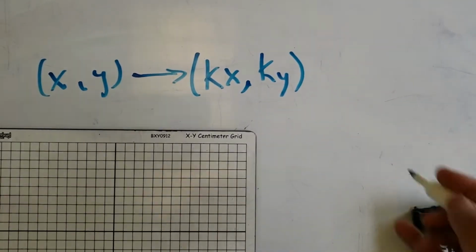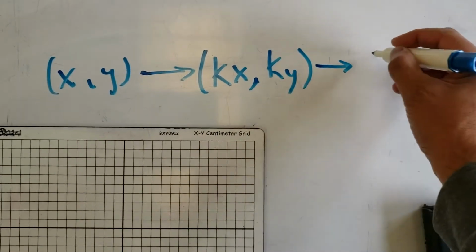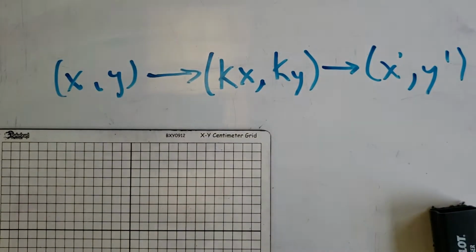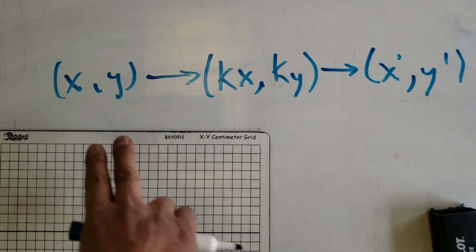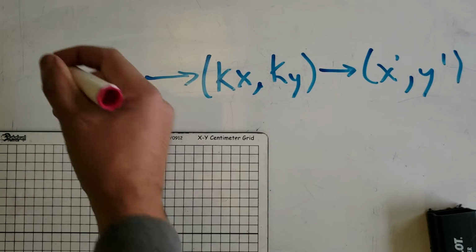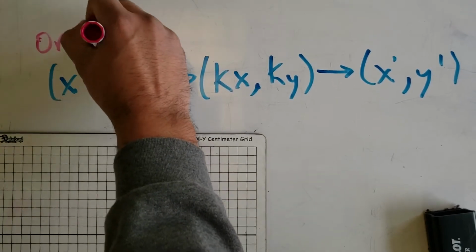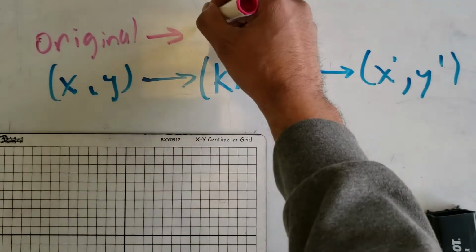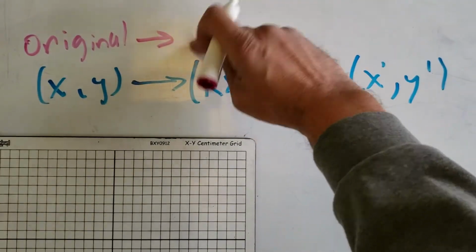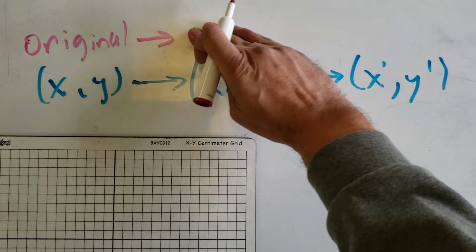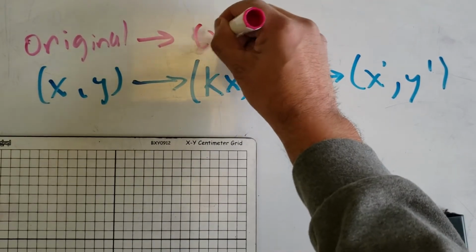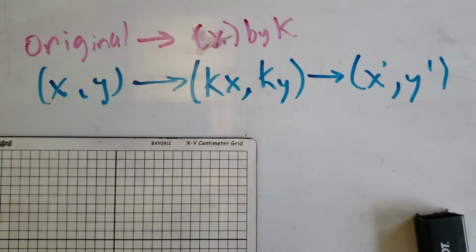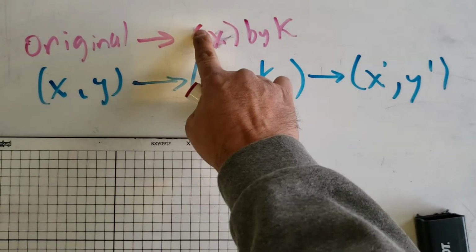There we go. So that's going to give us our new point, so x prime, y prime. Okay? So again, we're going to take the original, and to that, we're going to multiply by k. So whatever your scale factor is, you're going to multiply it.